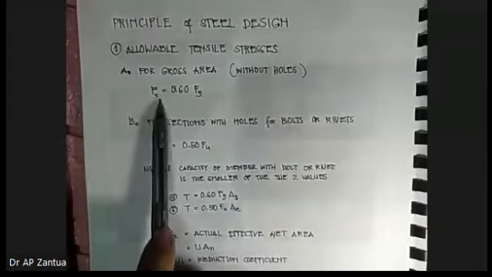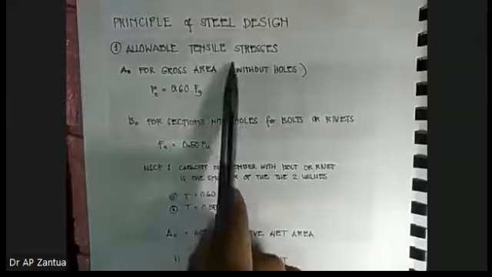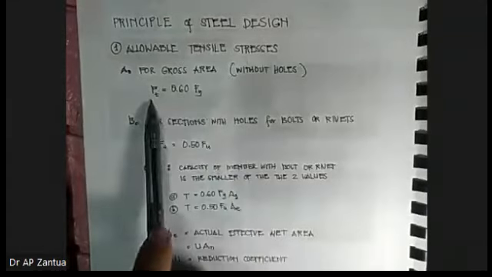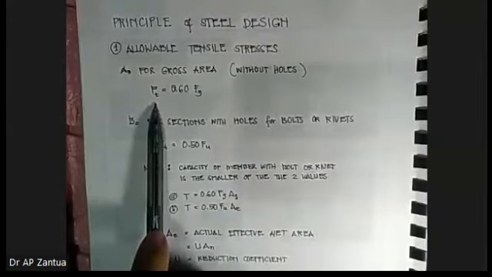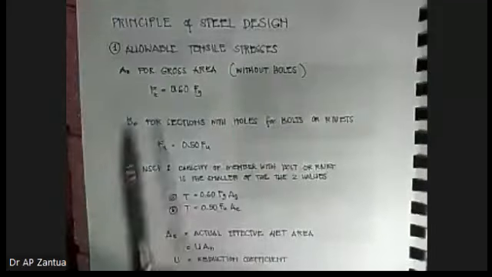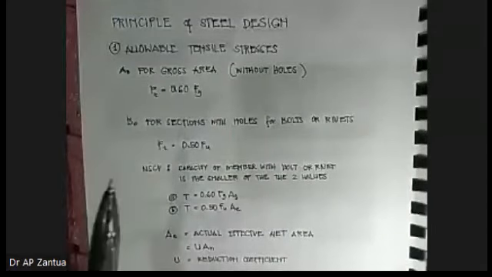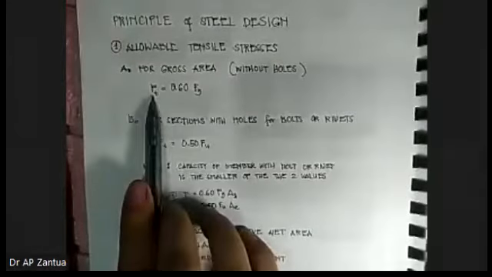This one is in terms of stress, tensile stress, but the symbol is F. The unit of stress is MPa, as I mentioned a while ago. MPa is the unit of pressure or stress, but the symbol is F.